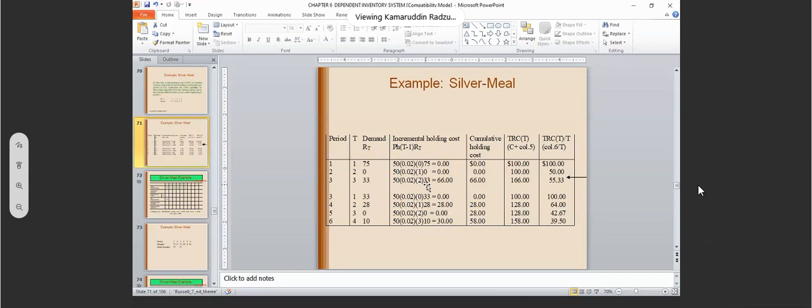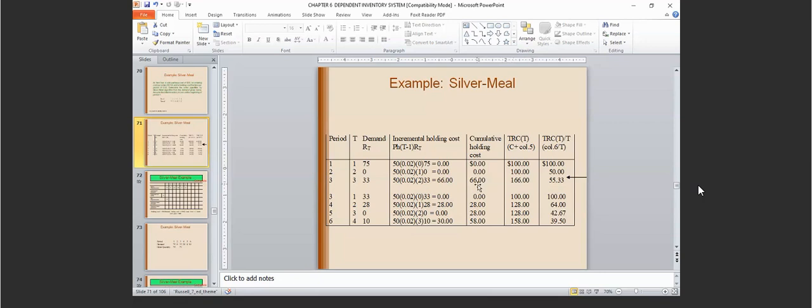And multiply with 33, the demand in the column RT. So we have 66 ringgit for the incremental holding cost. And the cumulative holding cost, we have 66 plus 0, so we have 66.